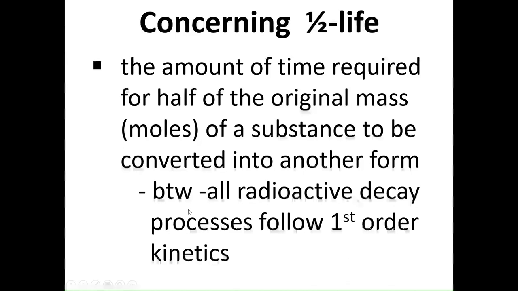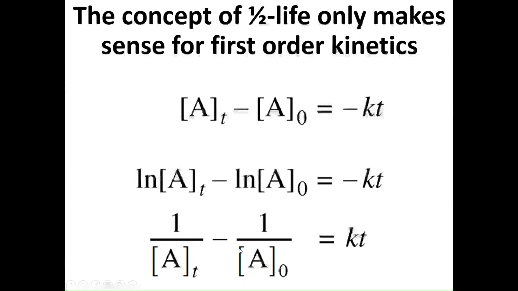I already mentioned, by the way, that all radioactive decay processes follow first order kinetics. Okay, so this slide is about the concept of half-life only making sense for first order kinetics. I've written for you the 0th, the first, and the second order integrated rate laws. And I'm going to rearrange these all to solve for time.